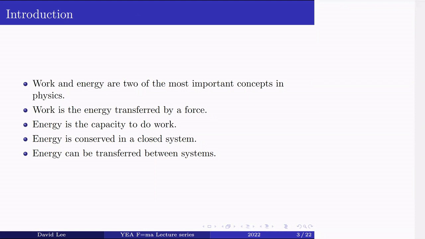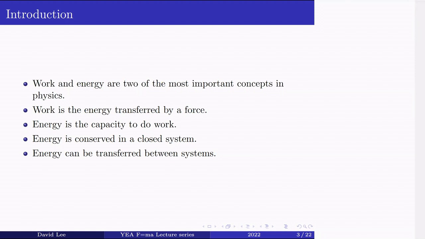And I have some definitions here. They might seem a bit circular, but work is the energy transferred by a force. If you apply a force over a distance, then you will be doing work. And energy is the capacity to do work.